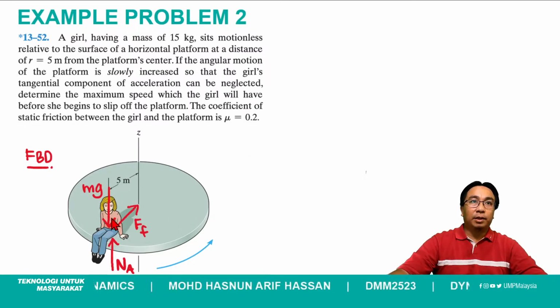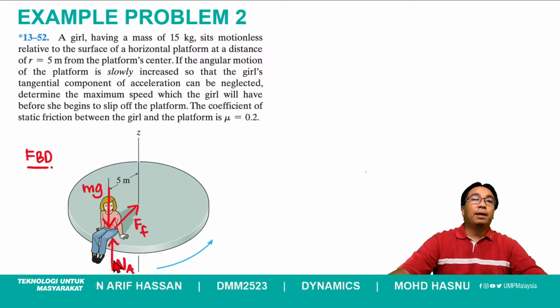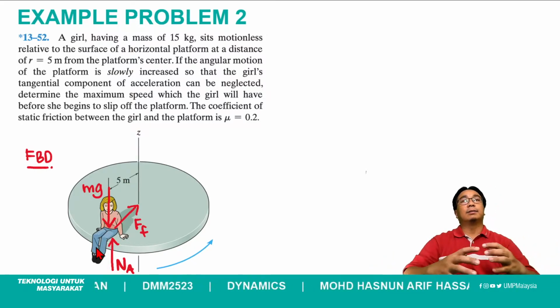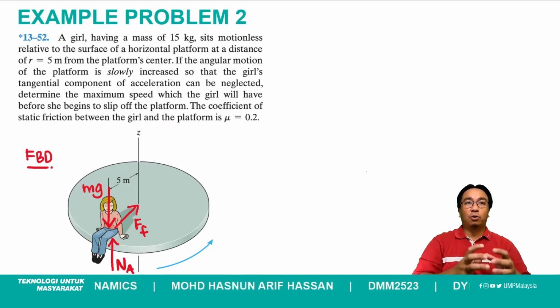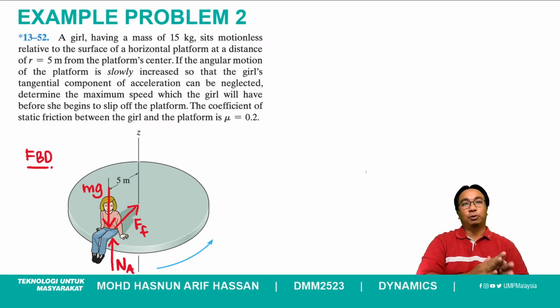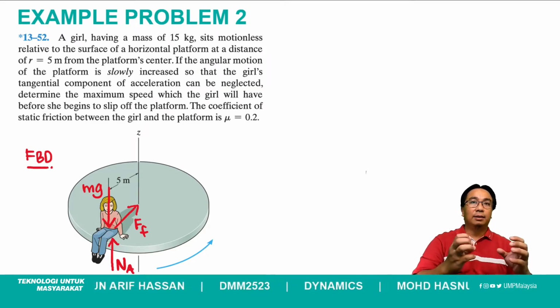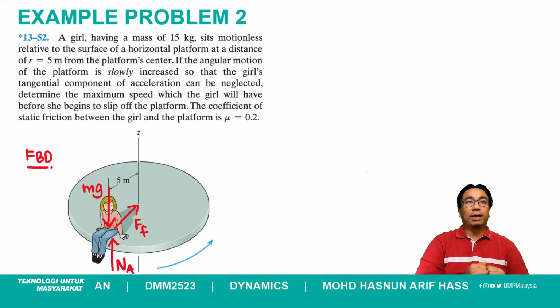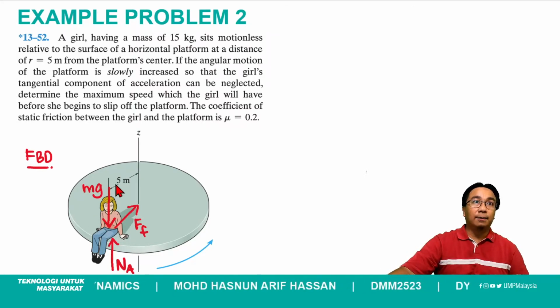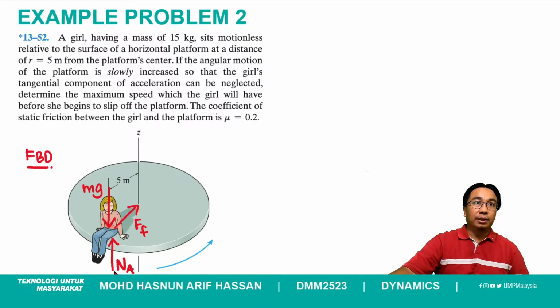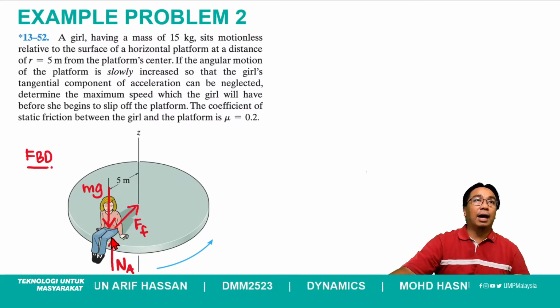There must be a weight of the girl, mg pointing down, and the girl is in contact with the platform. So whenever there is contact with the ground or any two objects in contact, there will be a normal force. So you can see here the weight mg is pointing down, normal force is pointing up, on the girl.